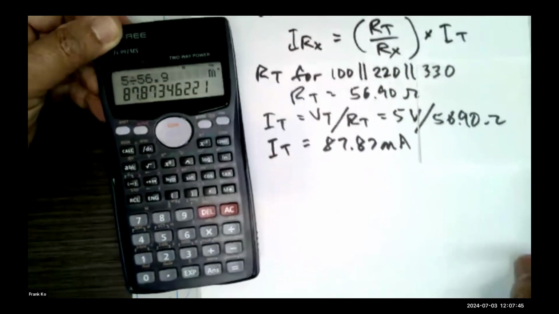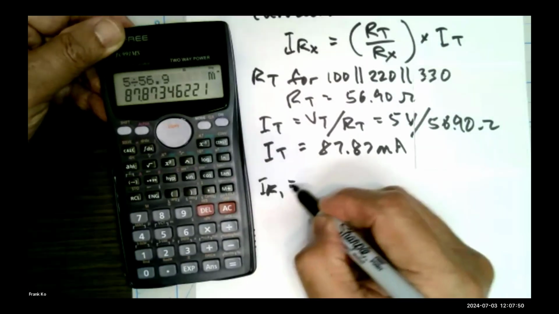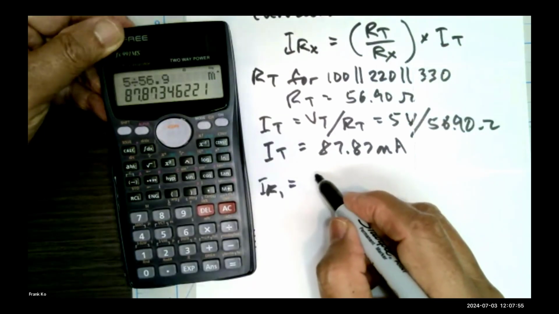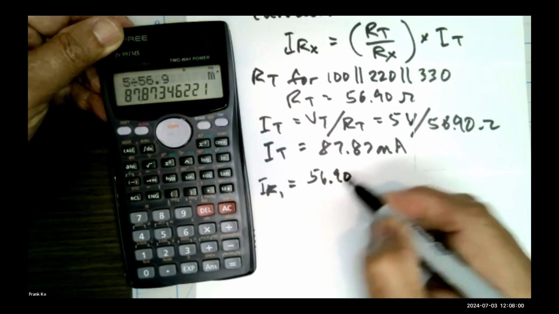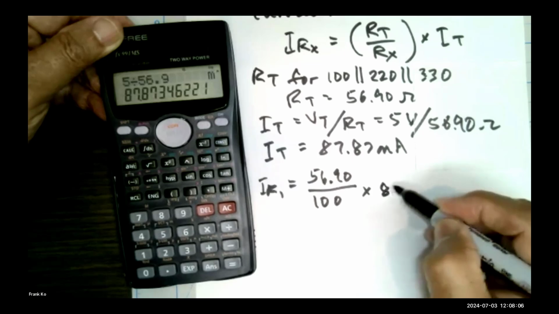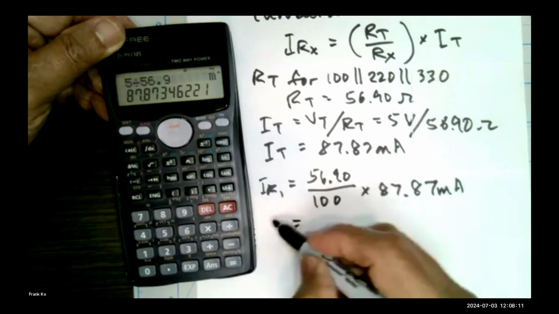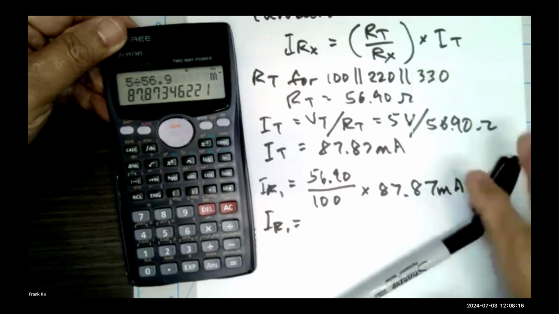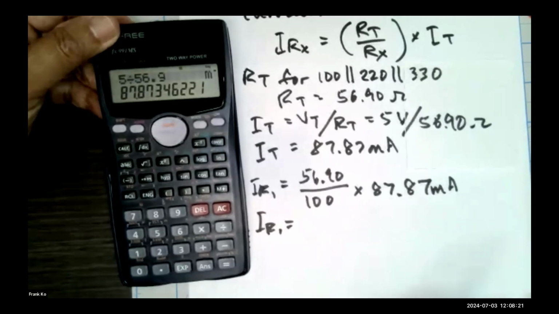So now if I want to apply the current divider formula for IR1, IR1 is equal to R total over RX. So it's equal to my R total of 56.90 over my R1, which is 100, and then multiply by 87.87 milliamps. And so my IR1 will calculate to be, don't want to have my pen dry out because I don't put on the cap.